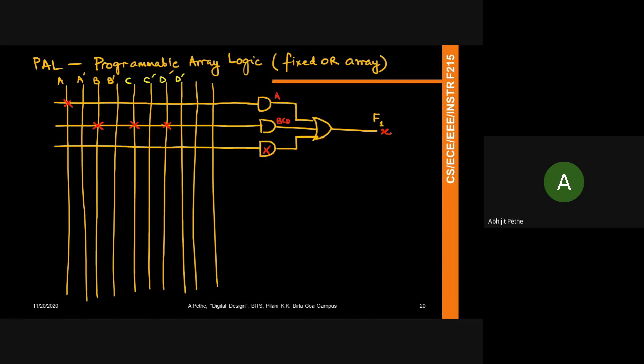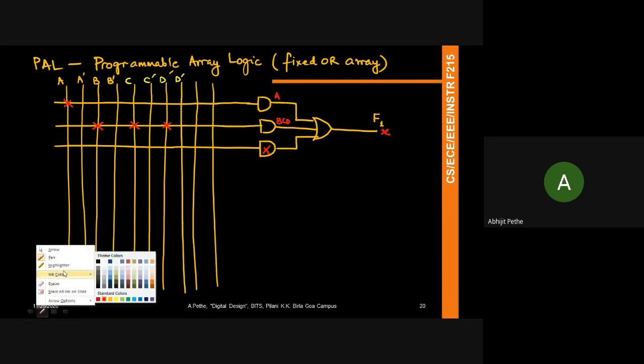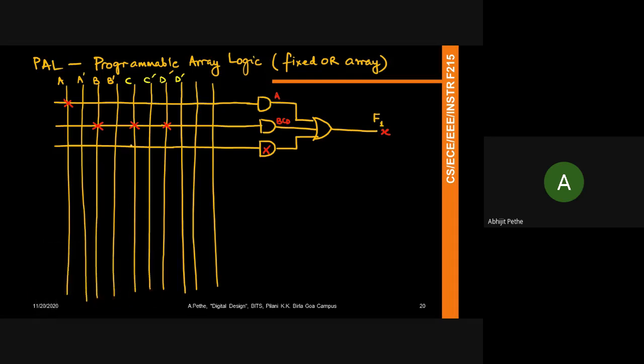It's similar to the PLA, only you don't have the flexibility of programming the OR array. Some PALs have what is known as a feedback function. Certain PALs will have an option where it allows you to take one input and invert it. For example, let's look at this condition.